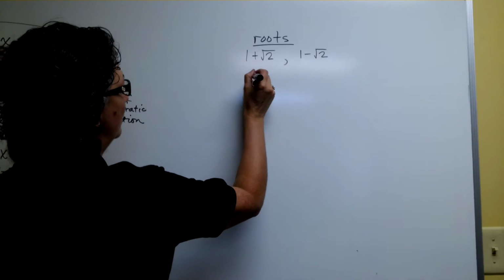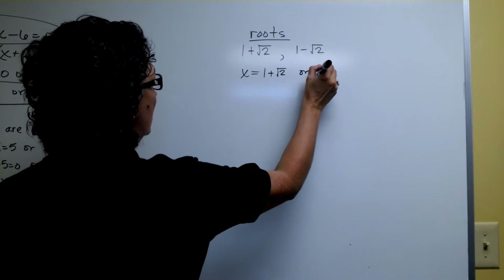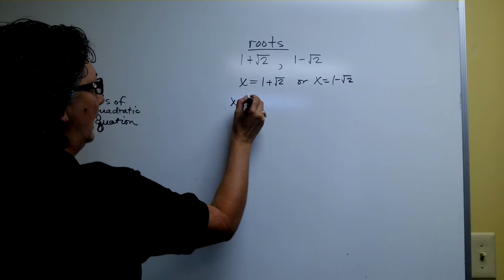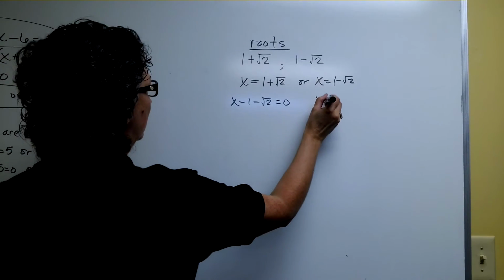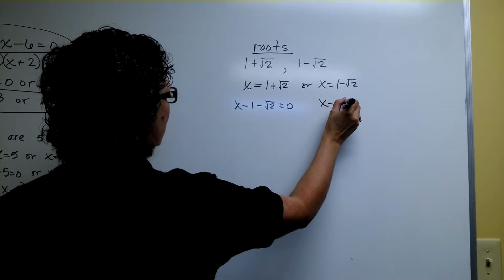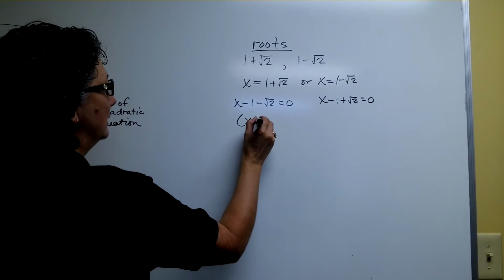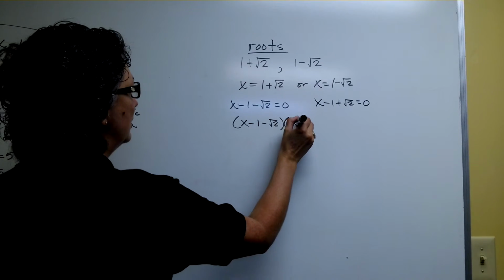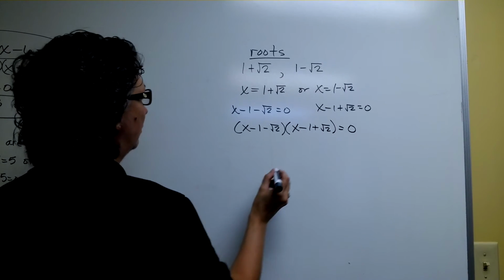Well, we're going to do the same thing. x equals 1 plus the square root of 2, or x equals 1 minus the square root of 2. x minus 1 minus the square root of 2 equals 0, or x minus 1 plus the square root of 2 equals 0. So x minus 1 minus the square root of 2 times x minus 1 plus the square root of 2 equals 0.